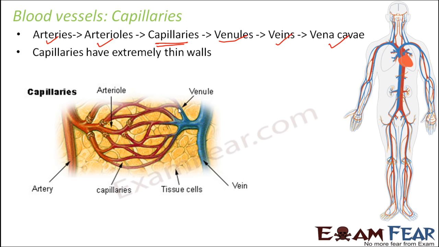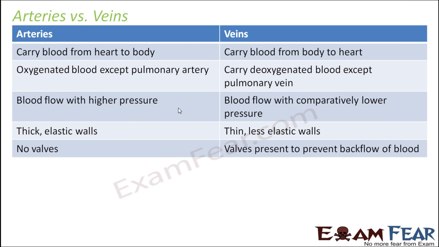As I said, some of the blood loses some of its plasma and small proteins into the interstitial spaces. This leakage is possible because of the thin walls of capillaries. So that way capillaries are the finest blood vessels, you can say.